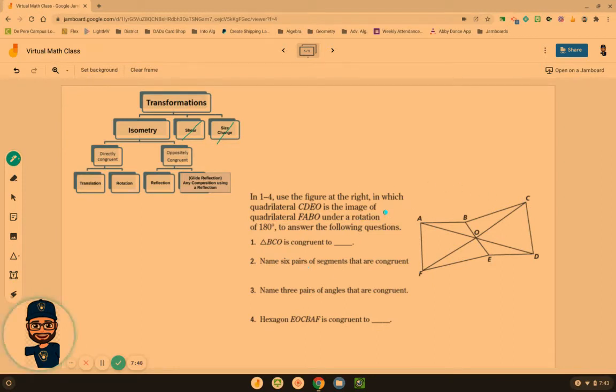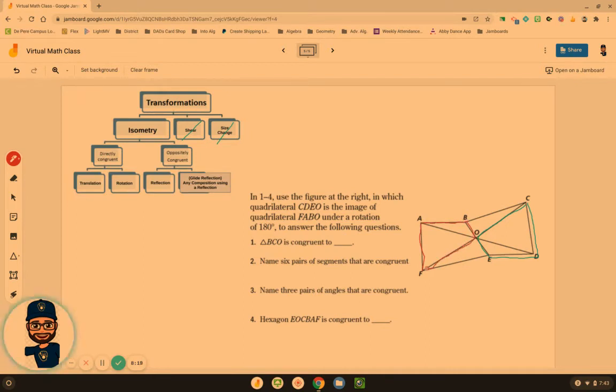All right, so in those 4 problems, use the figure at the right. Use this figure in which quadrilateral CDEO, C to D to E to O, is the image of quadrilateral FABO. Let me outline that one in red. F to A to B to O, right?